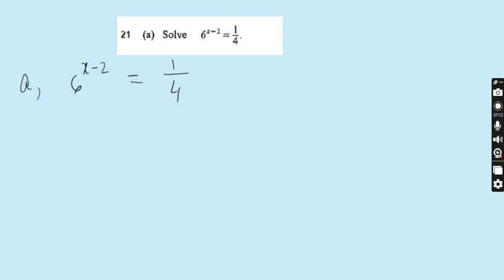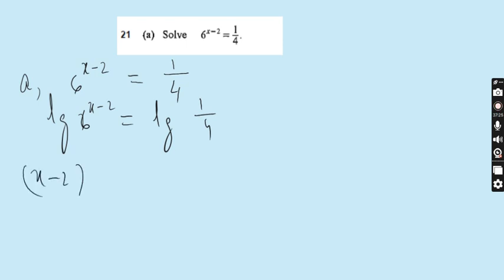First taking log on both sides. Write the power before the log.